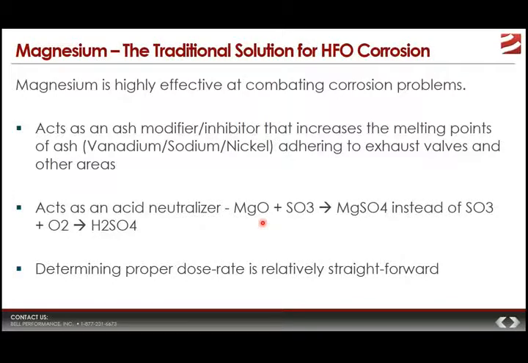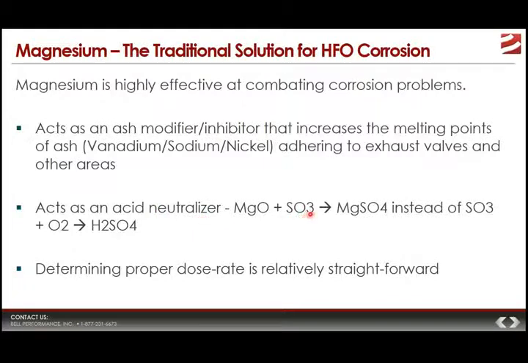And if it can drop off on its own, then that vanadium deposit is not going to be around to catalyze the formation of sulfur trioxide and sulfuric acid like it would if it was still on the metal surface. So magnesium acts as an ash modifier, and it also acts as an acid neutralizer.